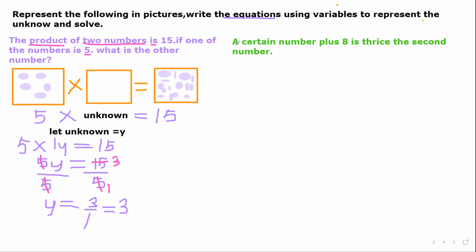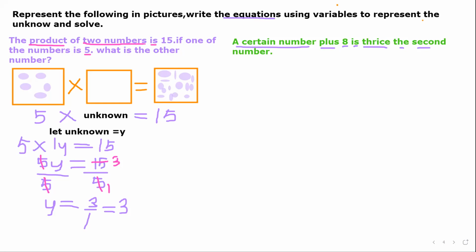Now, a certain number here plus 8 is thrice the second number. Okay, good. So let me demonstrate my answers here. So you draw your shapes nicely.